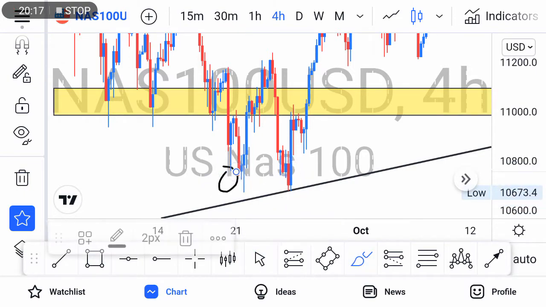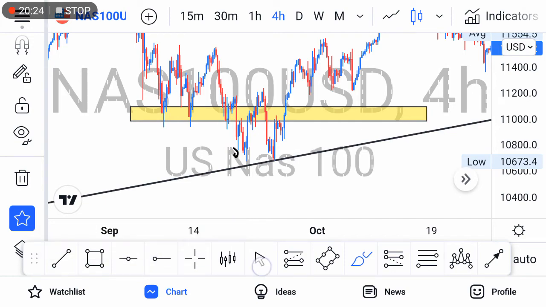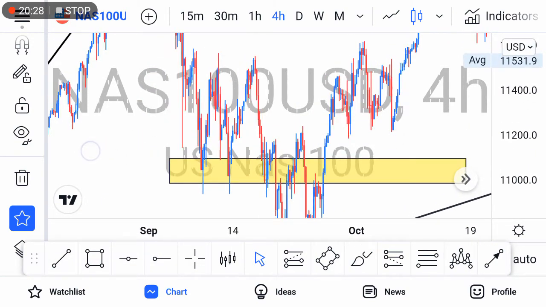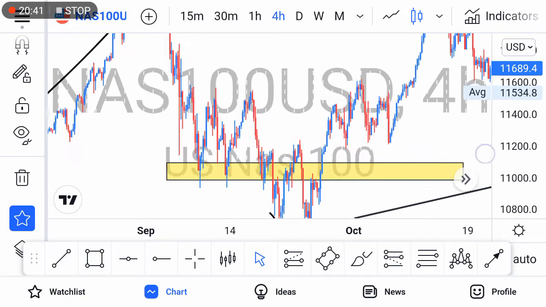So now we know, okay, if price doesn't break our zone, we will expect a double bottom. So now we have an inverse head and shoulders and we have a double bottom. And you remember on a daily we did see one double bottom. So the double bottom is now appearing again on a 4 hour.